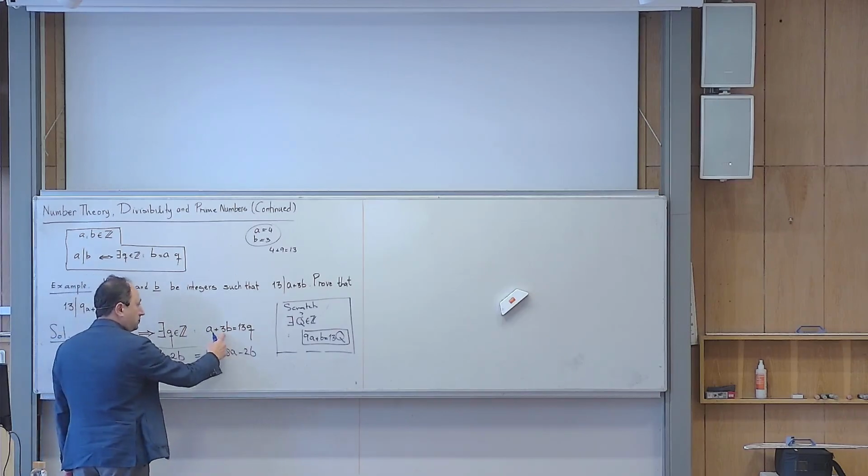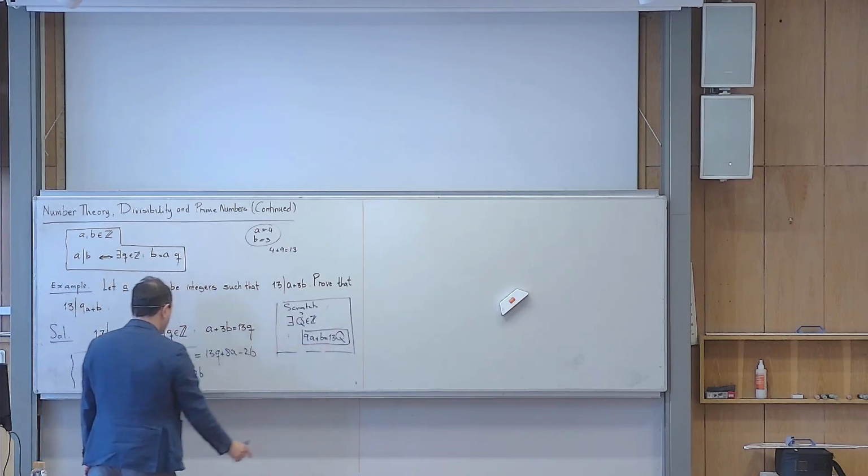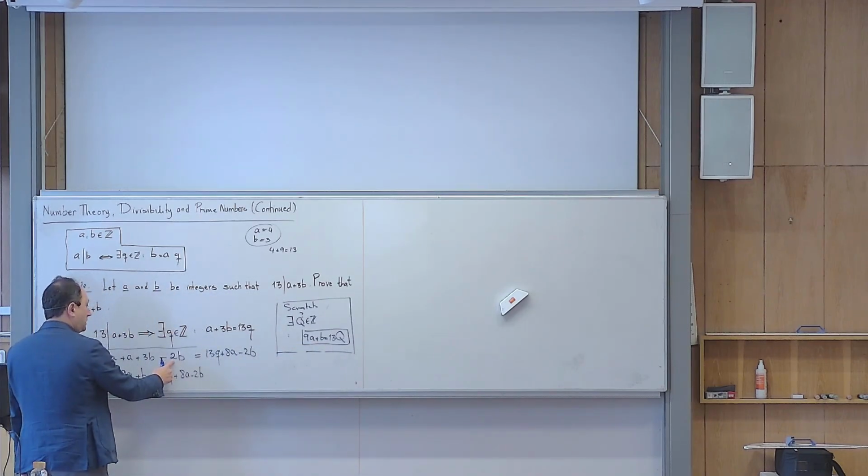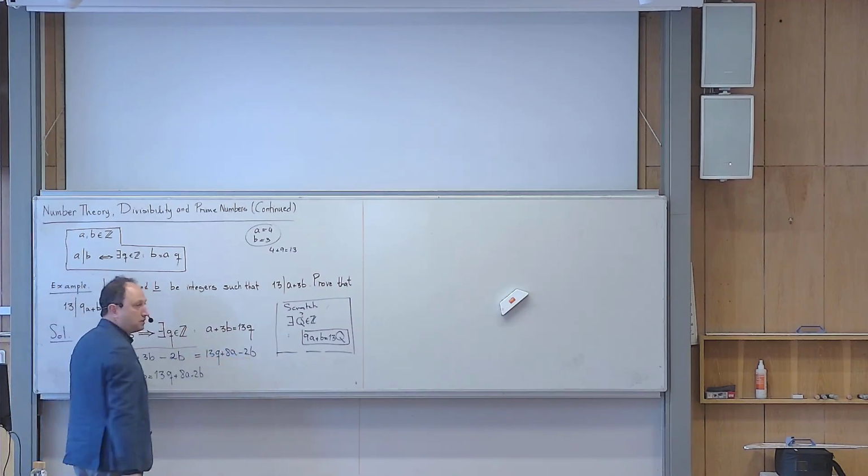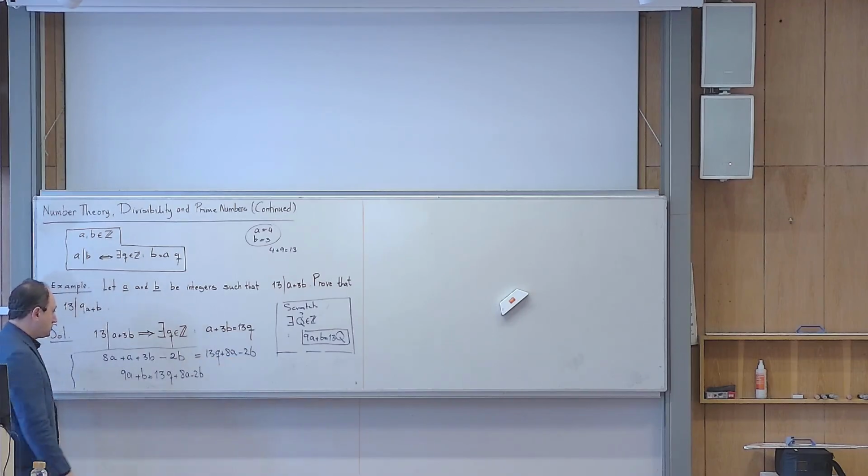And here I have 3b, I need 1b, so it motivates me to subtract 2b, but when I subtract something here, I have to do the same thing on the other side. Okay? So what I have written here is true or false? True, okay? But this is one of those truths which is useless.